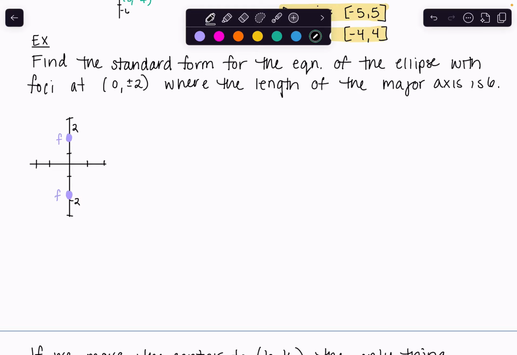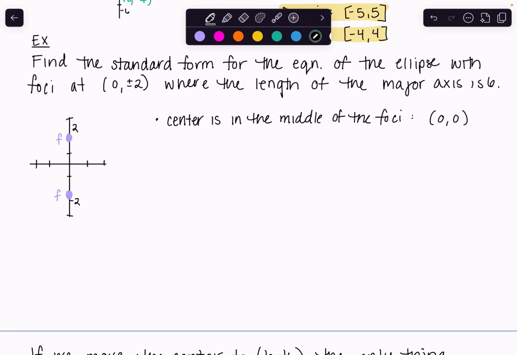So I have a foci there and a foci at the bottom. That tells me my center is in the middle of these foci. So immediately our center is going to be 0, 0.